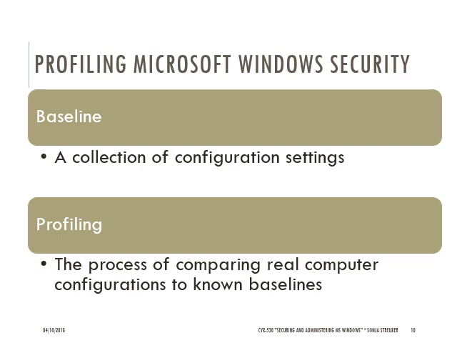A collection of configuration settings is called a baseline and can take on many forms. Each baseline generally contains a collection of configuration settings intended for a specific purpose. For example, a collection of security-related settings is commonly referred to as a security baseline.